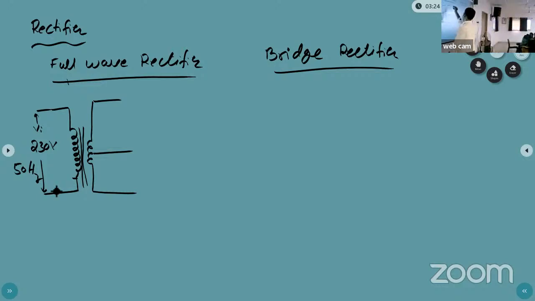Now we are using two diodes. This is the zero terminal, this is positive, and this is negative. For example, positive 9 volts here, and minus 9 volts here. With respect to the center, one end is positive while the other is negative.